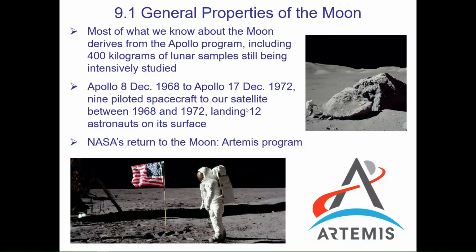The end of the Apollo program is actually not the end of the exploration of the moon. About half a century later, NASA restarted the lunar exploration program, and we expect to send people again to the moon. This program is called the Artemis program.